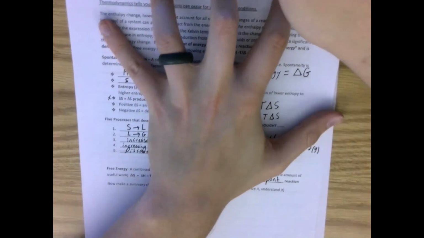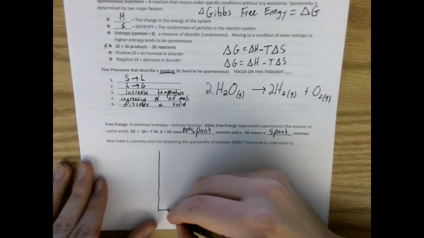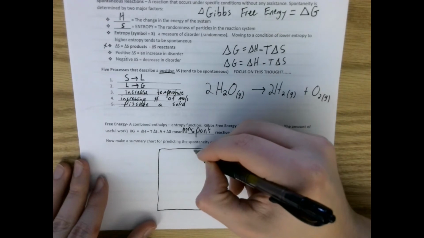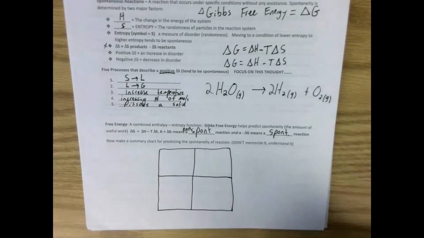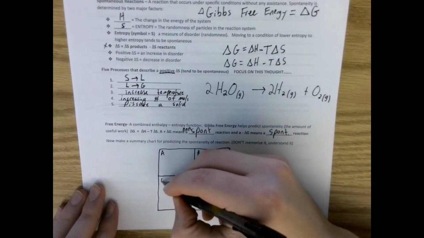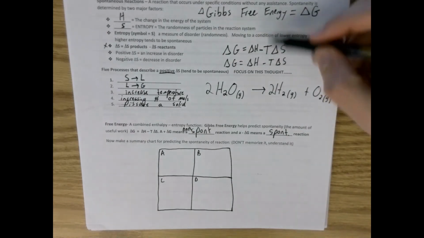So let's make a little chart to help us know when it's going to be negative or positive. So if we draw a little box, let's divide it up into 4 little boxes. And we'll label it A, B, C, and D. So if I'm looking for the sign of delta G, I don't care about the sign on temperature, right?